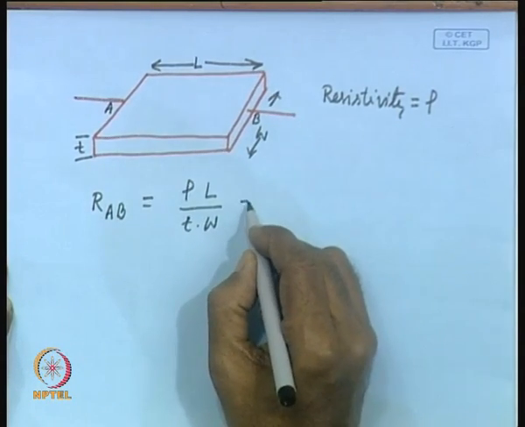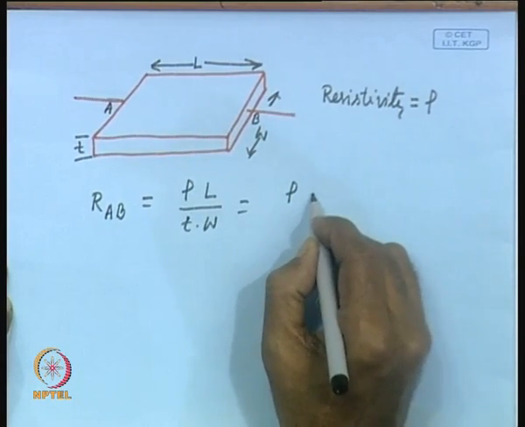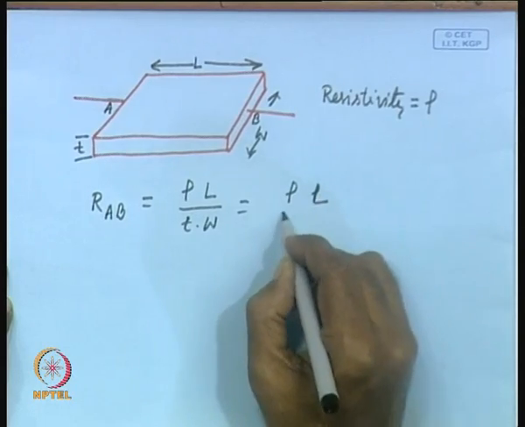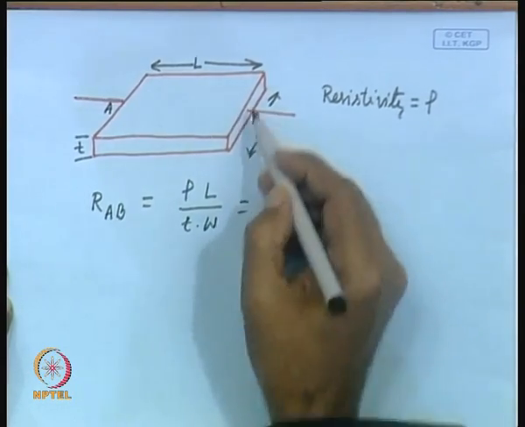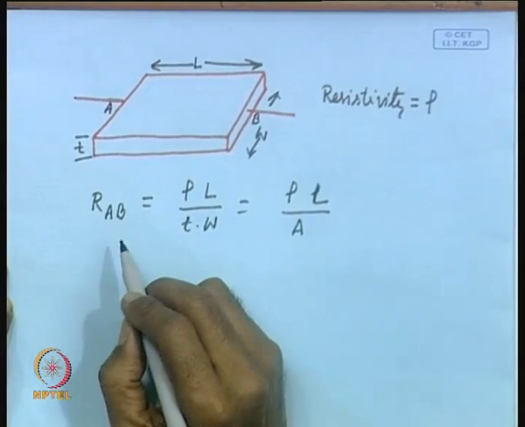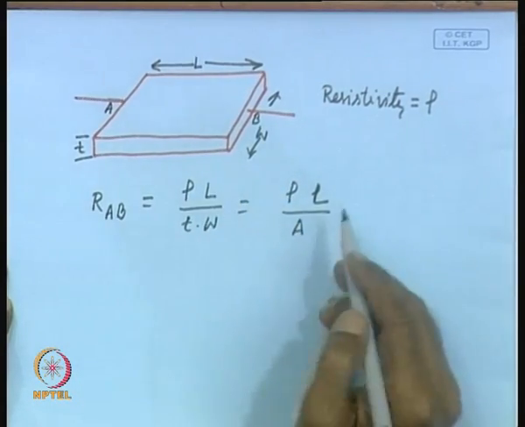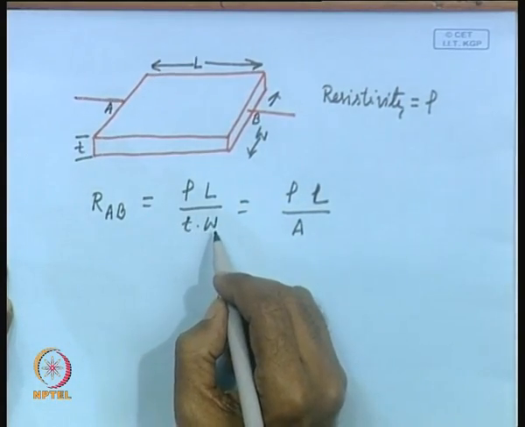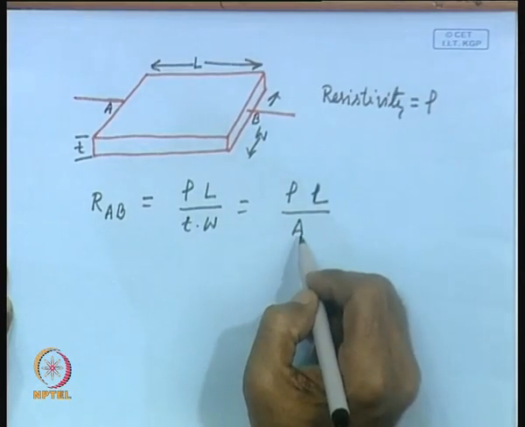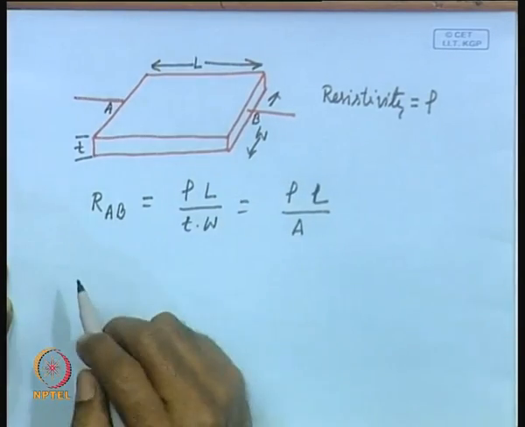Now, this can also be represented by rho L by A. Area is essentially the area of the device, that means area will be equal to T into W, and L is the length.